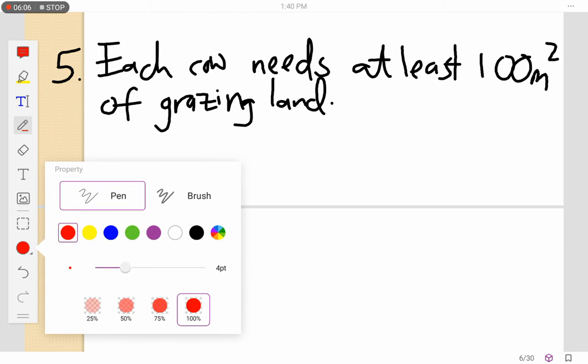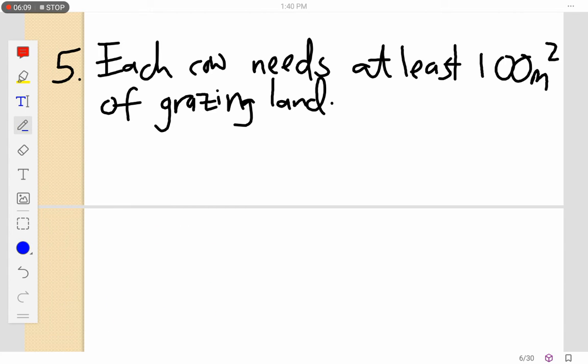Each cow, they are saying each cow needs at least 100 m squared of grazing land. Okay, so I can even use C for cow there. So we are saying C, each cow needs at least, it means we are including 100 there and more.